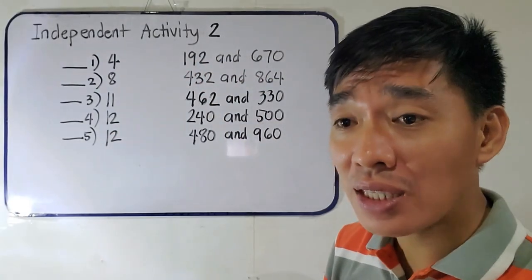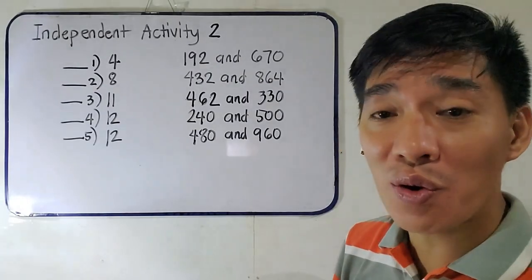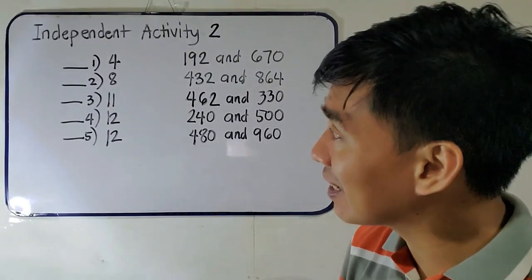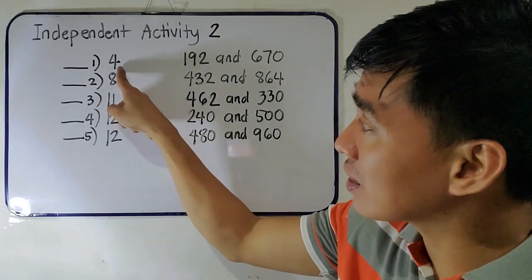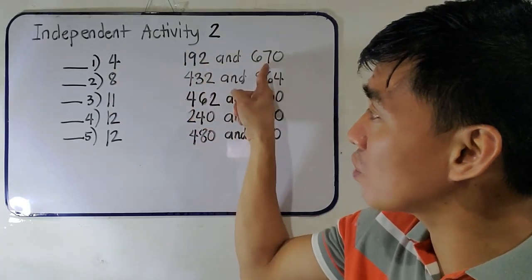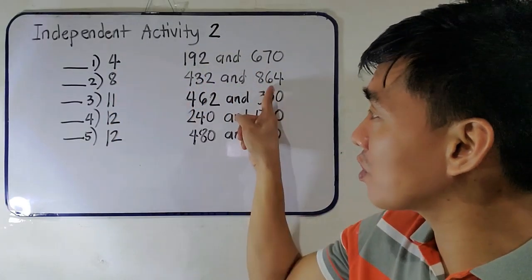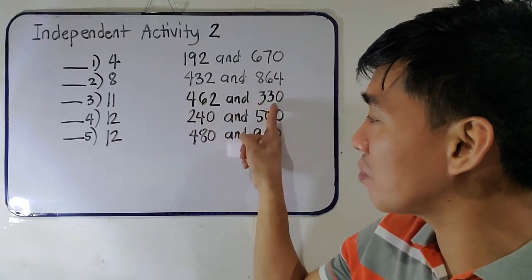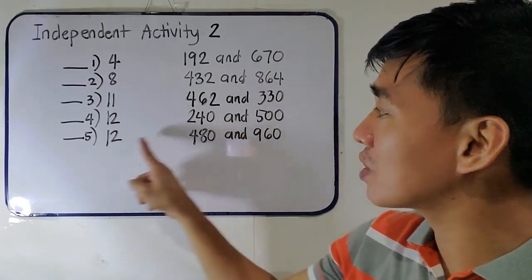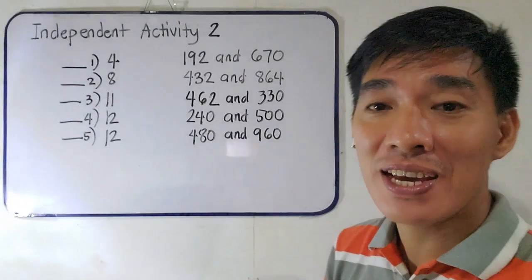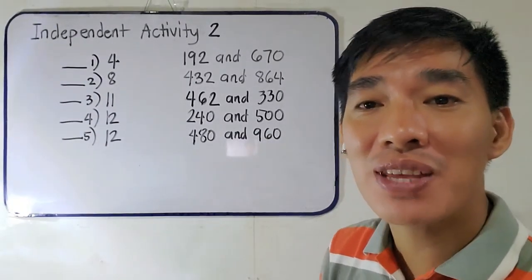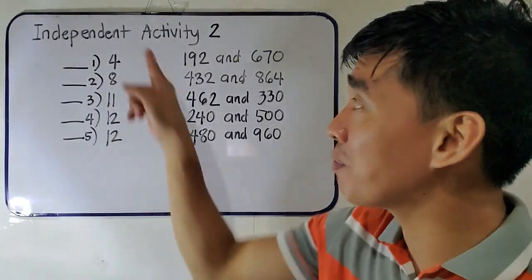If not, you just write false or not. So again, try to check if this is a common factor of these two numbers. If 8 is a common factor of these two numbers, 11 for these two numbers, 12 for these two numbers, and 12 for these two numbers. You try it, pause the video, and do your independent activity 2.